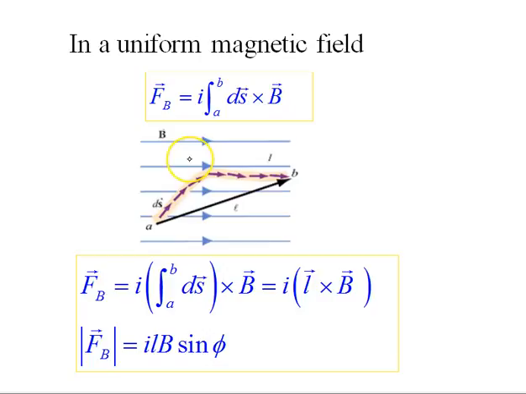So it will point, we do our right-hand curl there, into the page. But the magnitude of the total magnetic force will be I L B sine phi if we sum up the force on the total wire. Where's our phi? There's our phi right there, relative to this length L.